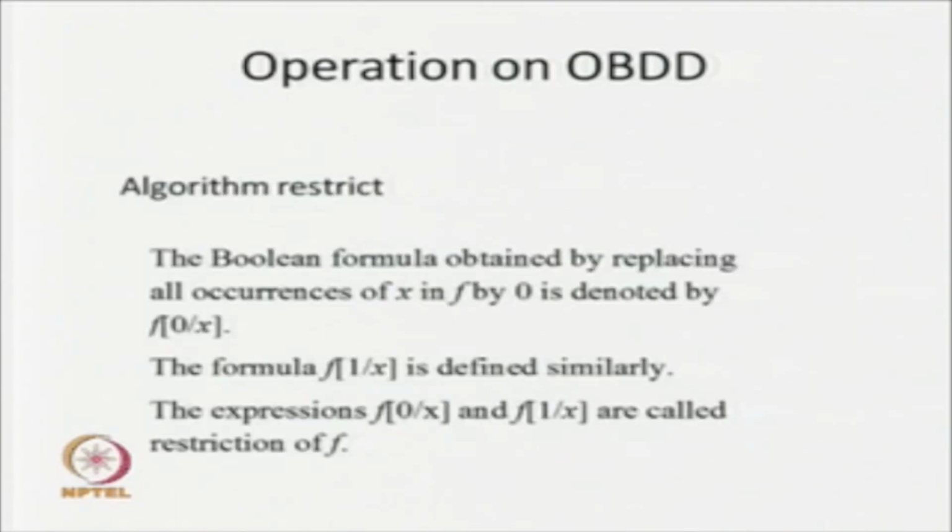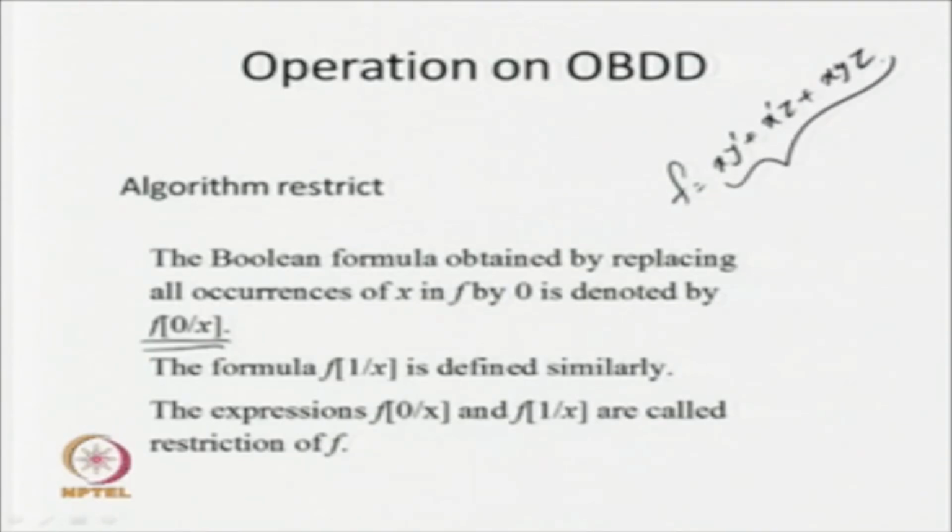Now, we have seen the apply algorithm. Now, we are going to look at another issue. We said that a Boolean formula obtained by replacing all occurrences of x in f by 0 is denoted by f with x replaced by 0. That means, if I have any Boolean function, say f is equal to x y bar plus x dash z plus x y z, something like that.